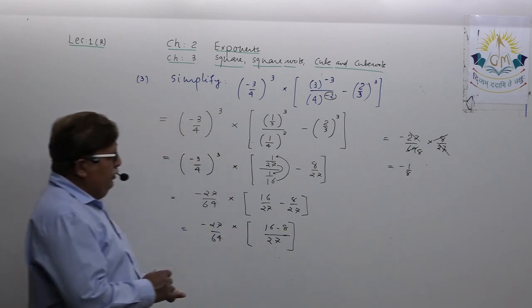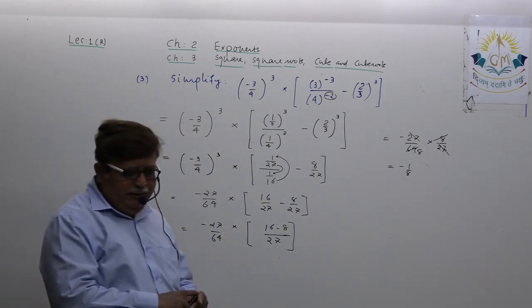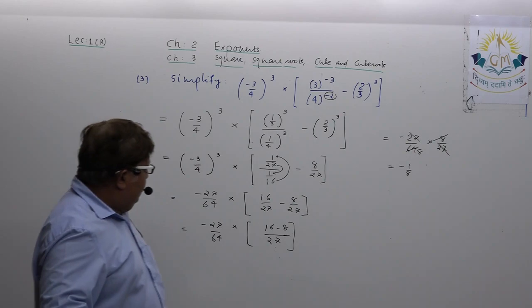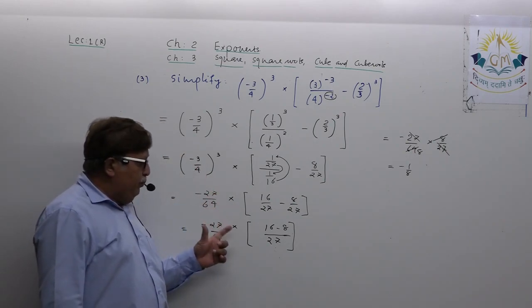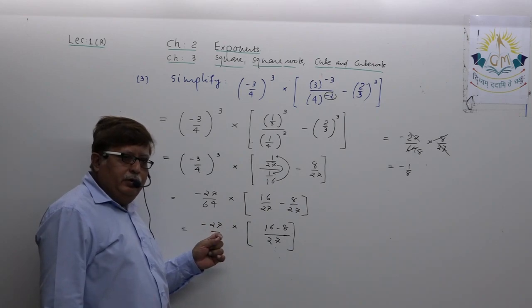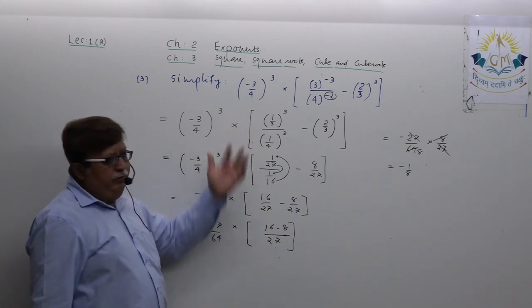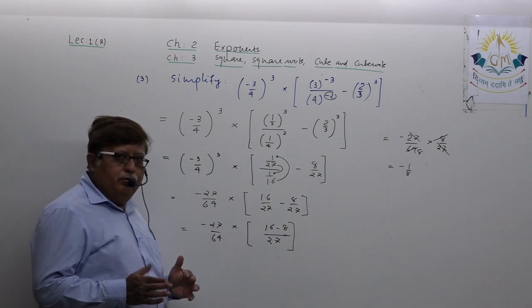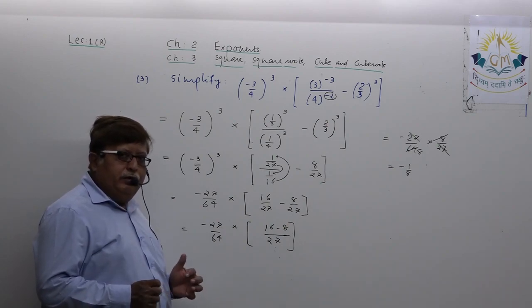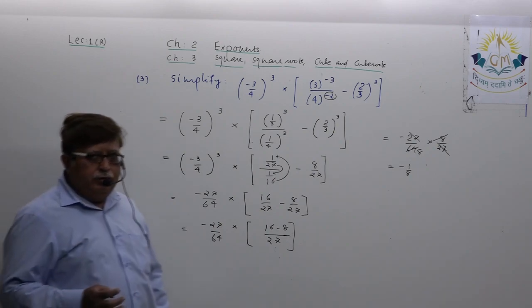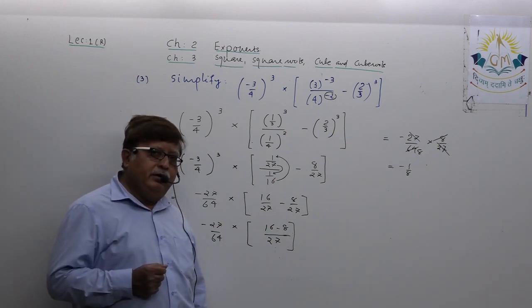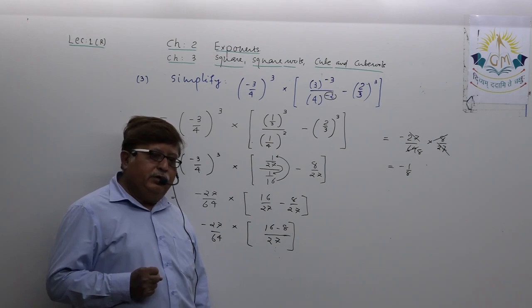Now please feel comfortable and write it down. See this, how we have solved this particular example where there is a check of the basic rules which I have already explained to you. You need to keep those rules in mind, and the rules were very clear.